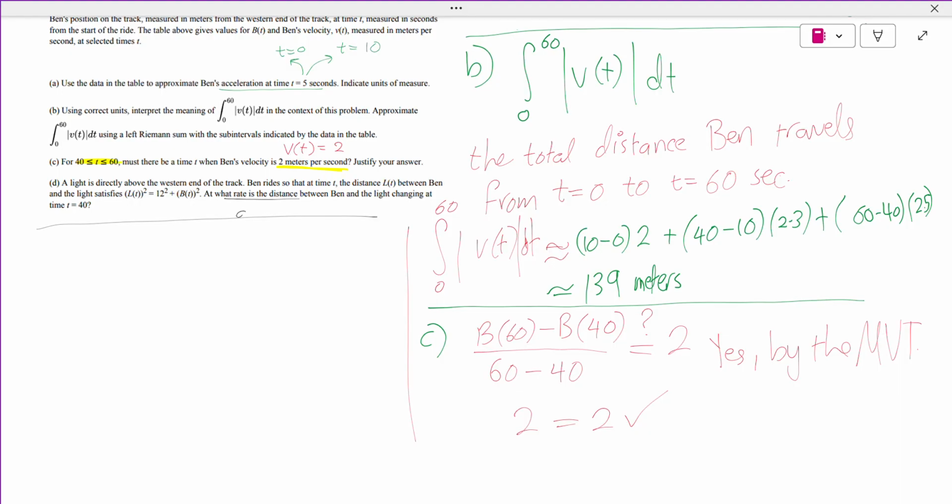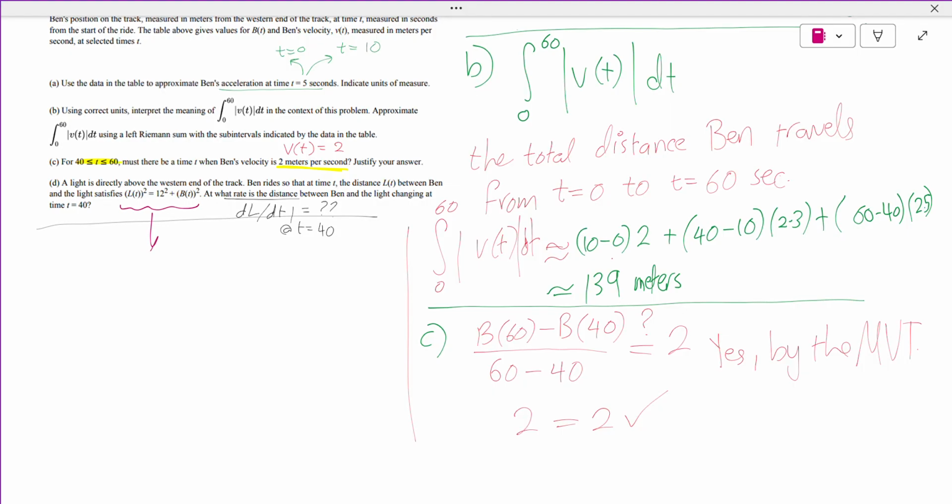So we are looking for dL over dt at t equals 40. To do so, you have to differentiate the equation, okay? Implicit differentiation here.